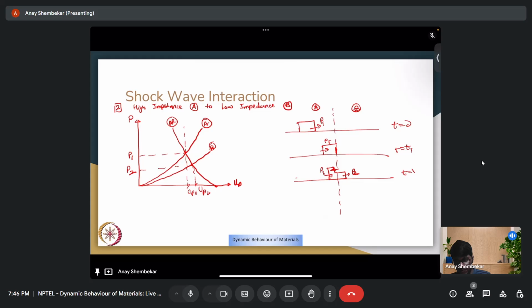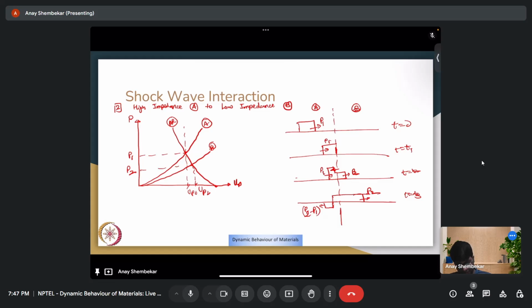T equal to T2. Once this reflection comes along, you will have an interesting case where you have negative pressure, which is basically your tension associated with P2 minus P1 at T equal to T3.